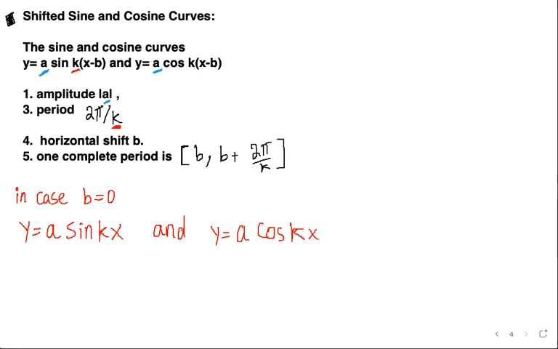So the amplitude is the same, the absolute value of a.